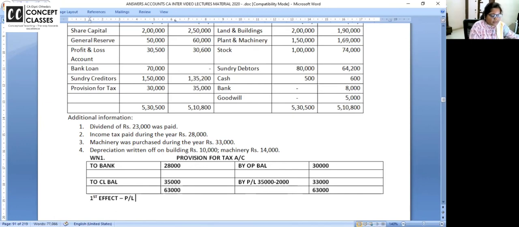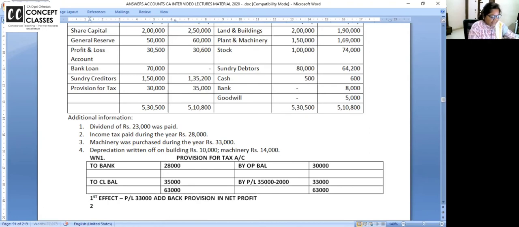P&L, 33,000 add back provision. क्या ये clear है आप सबको? P&L 35,000 add back the provision. कहाँ add back करोगे? In net profit. Net profit में 33,000 provision किया ना, P&L to provision, add back.